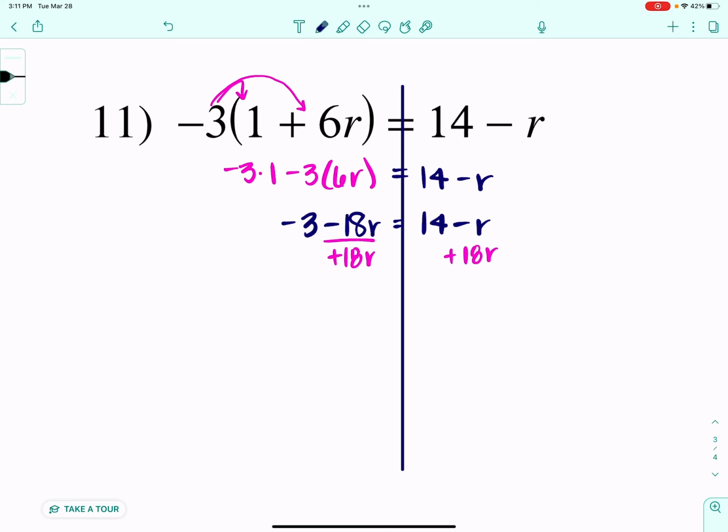When I do that, negative 18r plus 18r is 0, so those are going to cancel out. I have a negative 3 on the left, and 14 plus 18r minus 1r gives me 17r.